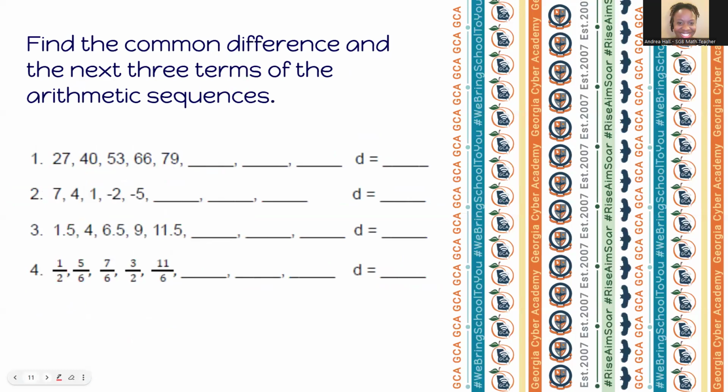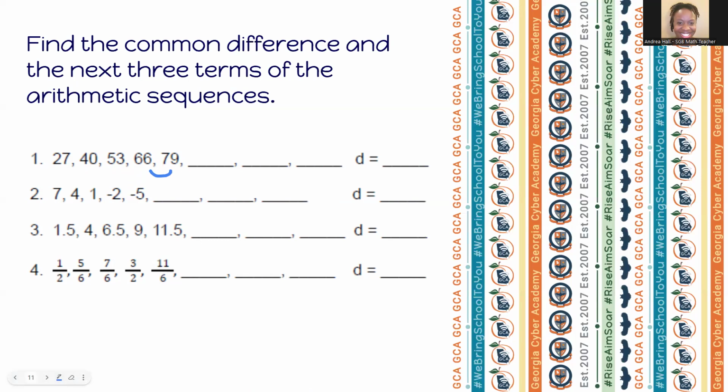Find the common difference and the next 3 terms of the arithmetic sequences. So go ahead and pause the video, see if you can figure that out. All right, welcome back. So first we need to figure out what the common difference is. So I'm going to say 79 minus 66.